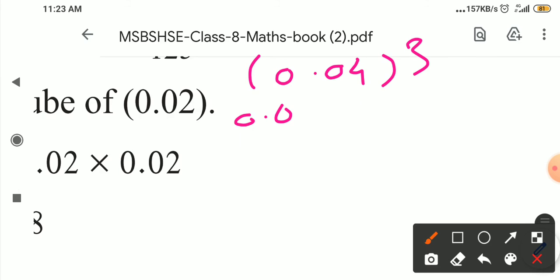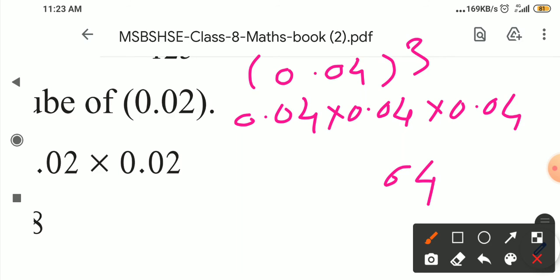So 0.04 into 0.04 into 0.04. The answer is 64. Okay, 4 4s are 16, 16 4s are 64. In total, how many digits after the decimal point? 2, 4 and 6 digits. So 1, 2, 3, 4, 5, 6. Total 6, and then the point and again 0.